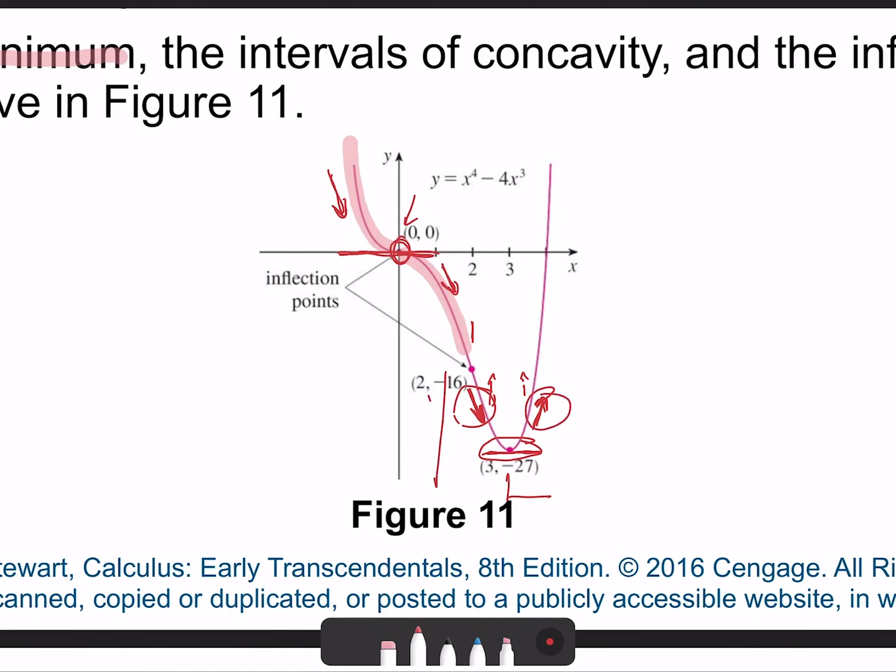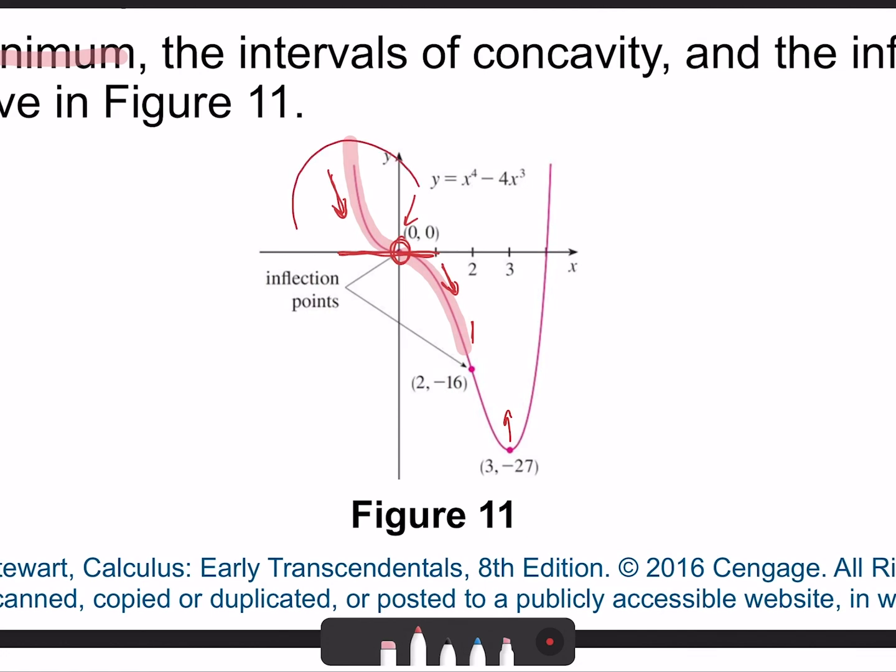We didn't actually have to do all of that work in order to realize that this point was a minimum, because the second derivative at that point was greater than 0, so we knew that it was concave up even there, and therefore that it was a minimum.